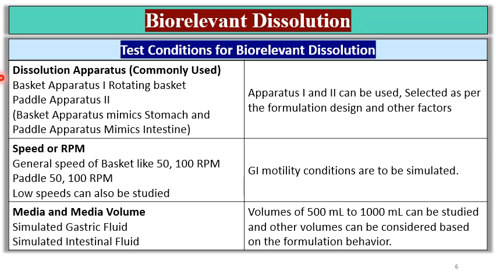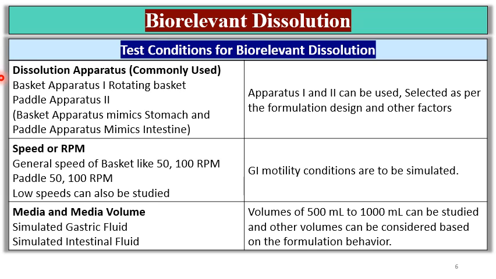Basket apparatus 1 may mimic the condition of stomach, and apparatus 2, that is paddle apparatus, may mimic the conditions of intestine, because the turbulence is more in apparatus 2 compared to apparatus 1, which reflects the movement of stomach and the movement of intestine.